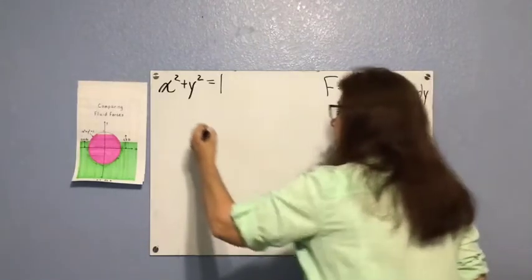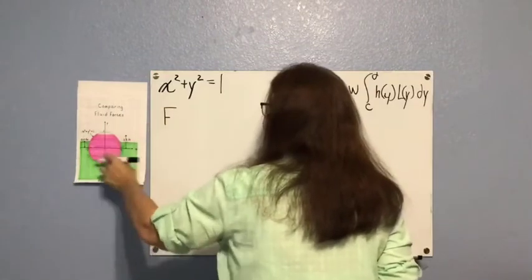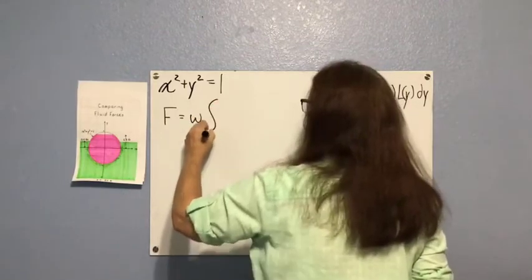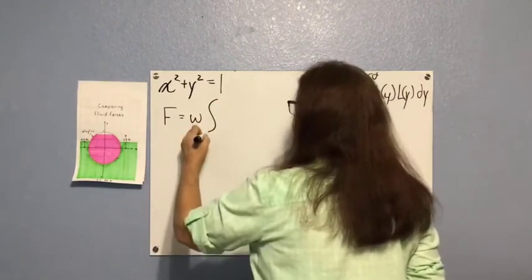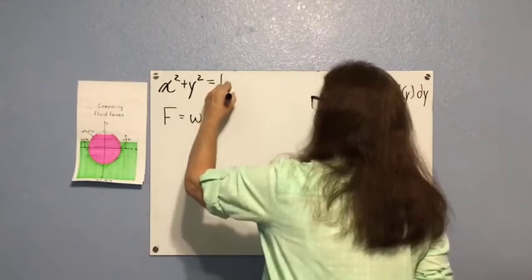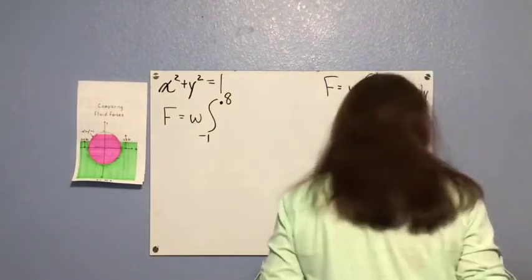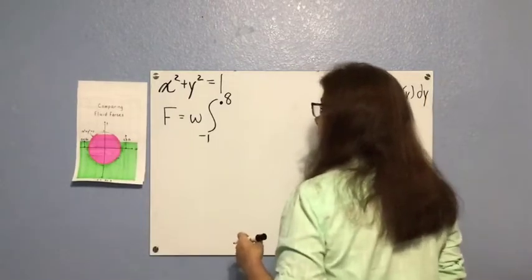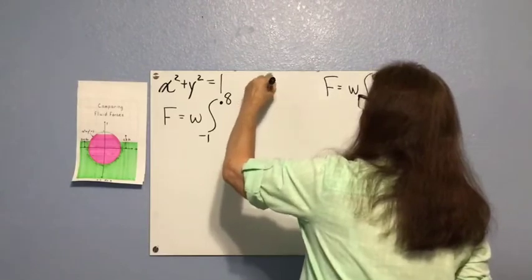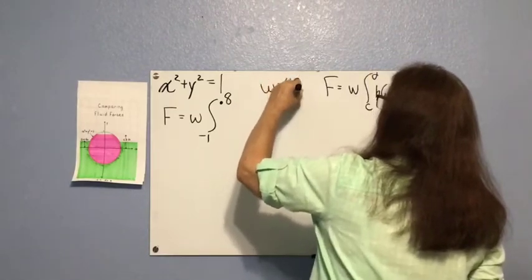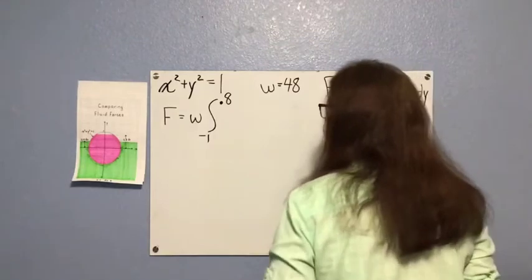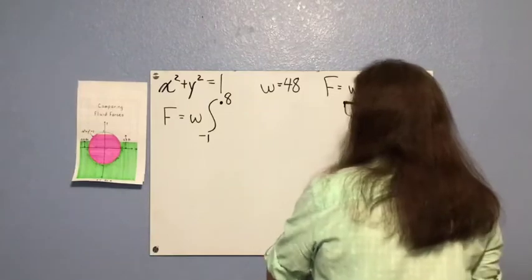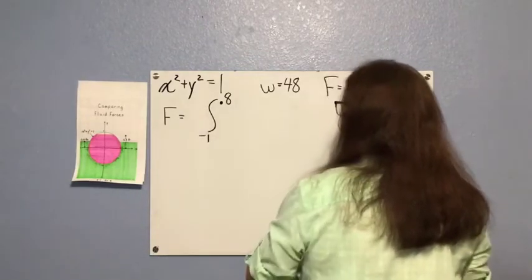Okay. So we'll start first with the inside of the tank, the pink area here. And we're going to integrate from -1 to positive 0.8. Okay? And they tell us that the fluid in here is oil. And so its value for W is 48 pounds per cubic foot. So we'll replace the W with 48.